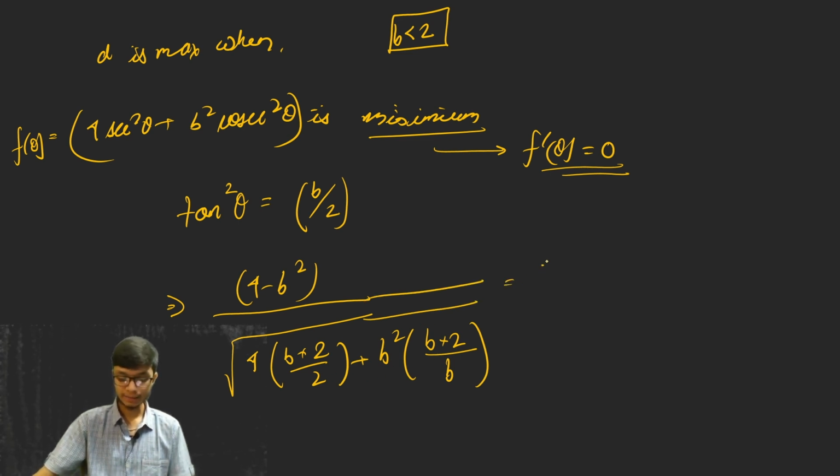This particular value, if you solve it, is equal to 1. So you can cancel the b, and b square plus 2b plus 2b plus 4 holds true when it is equal to 1.